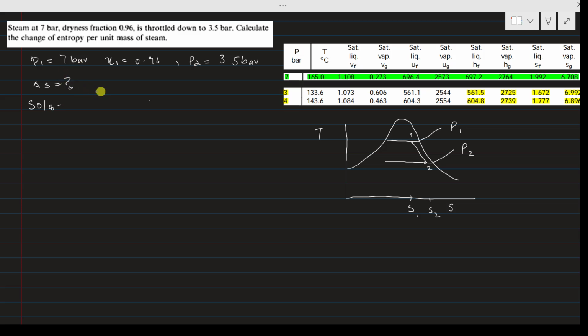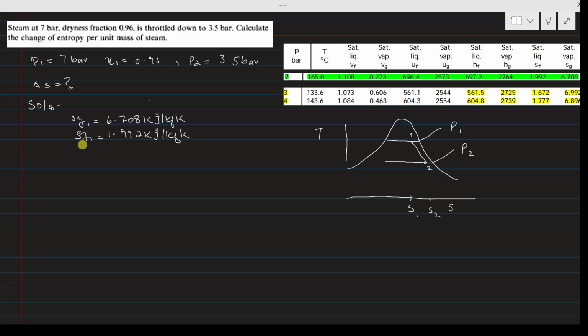Now at 7 bar, from the saturated steam table, we can see the entropy Sg1 is 6.708 kilojoule per kg Kelvin. The Sf1 value is 1.992 kilojoule per kg Kelvin.